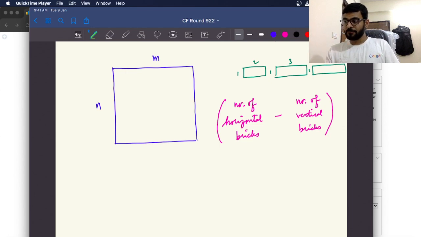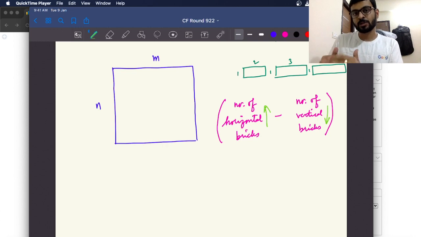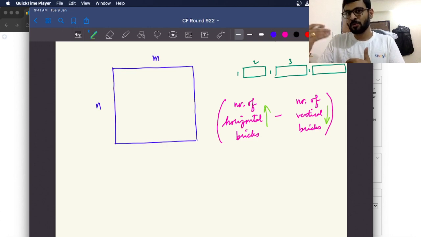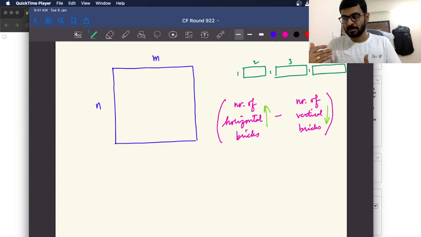Now, if we have to maximize something like this, there are two ways. If this guy increases, then the overall thing increases. If this guy decreases, then the overall thing increases. Which means my attention should be so that the horizontal one is more and the vertical one is less.